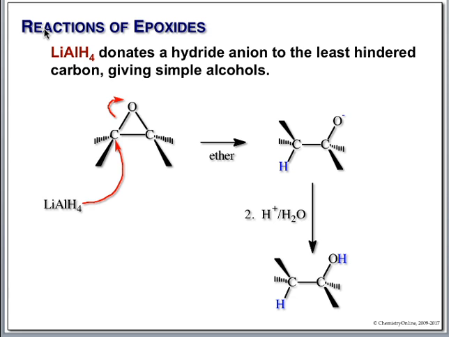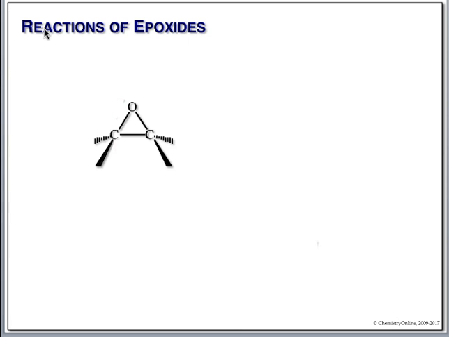Now when I say this is an epoxide, something goes off in everybody's head, right? You've all used epoxy, right? That's what this is. How do you make epoxy glue? It's going to be the same basic chemistry. There are lots of things that are used as nucleophiles.